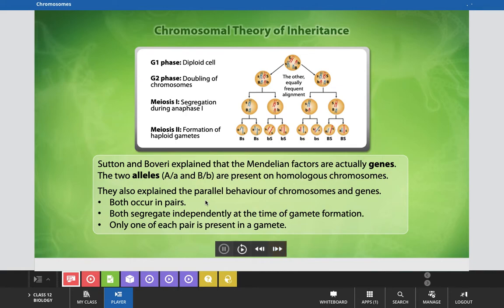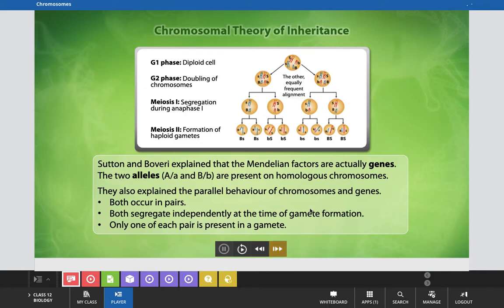And about genes or factors, Mendel also concluded the same point. The second point also shows the parallel behavior of chromosomes and genes. Both segregate independently at the time of gamete formation, as Mendel suggested in his law of segregation.